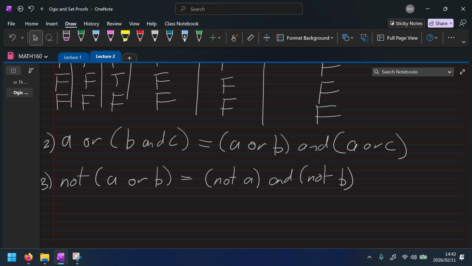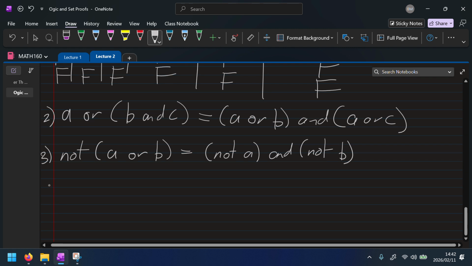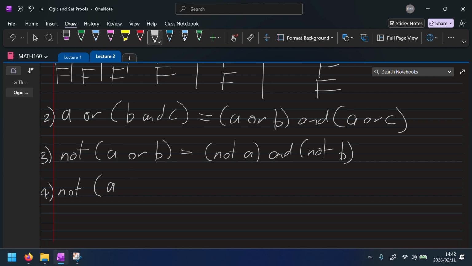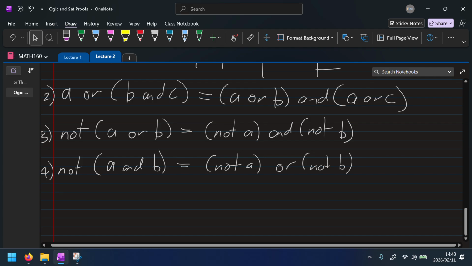So you should be able to figure that out. So that one, and then number 4, not A and B is equal to not A or not B. Okay, numbers 3 and numbers 4 there, those are very, very important. Those are called the De Morgan's laws for logic.